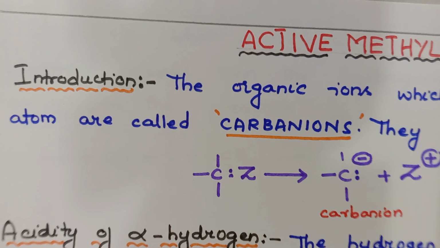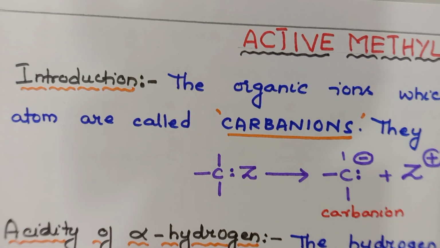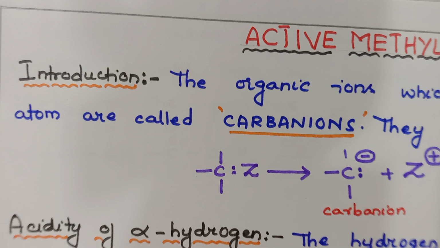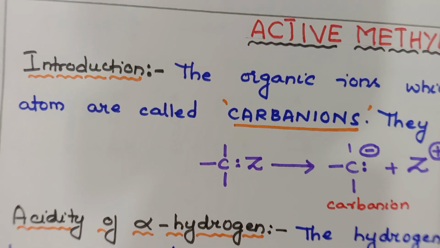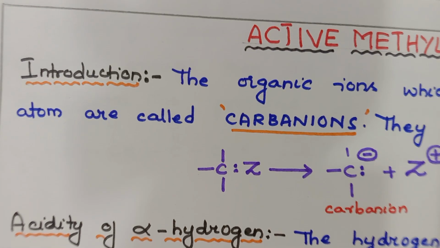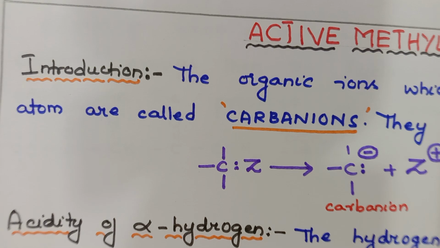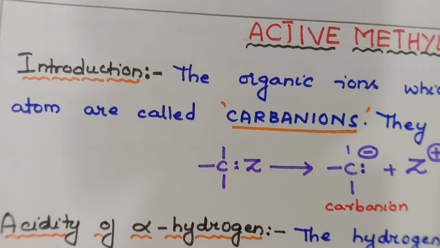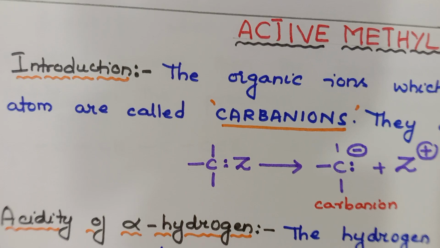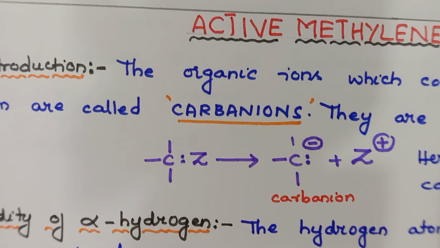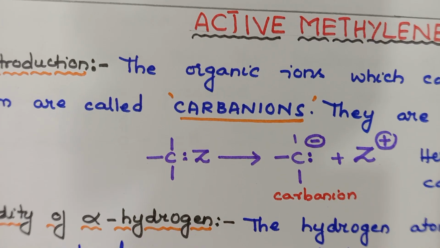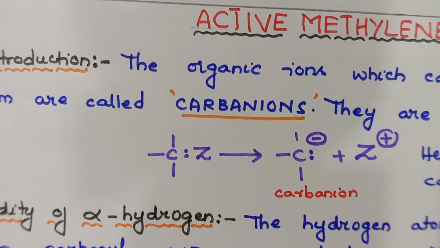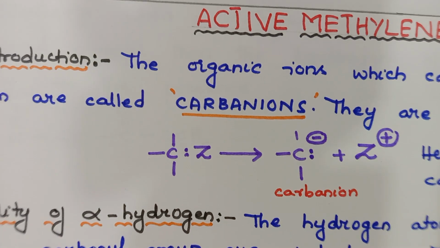And how are they formed, students? They are formed by heterolytic bond fission. I have given the definition here. If you want, please take a notebook and a pen and note down the definition, students. Put the heading active methylene compounds, under which we have the definition of carbanions.